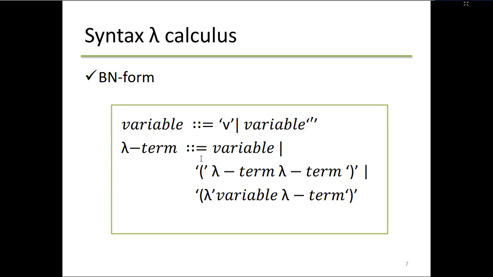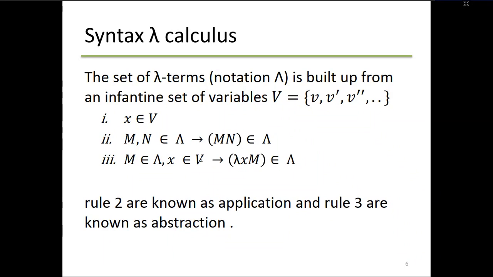So here variable is equal to a single variable or variables, any number of variables. Lambda term is a variable, or a lambda term followed by a lambda term, or lambda variable followed by a lambda term. This is the way we define the lambda calculus in Backus-Naur form.